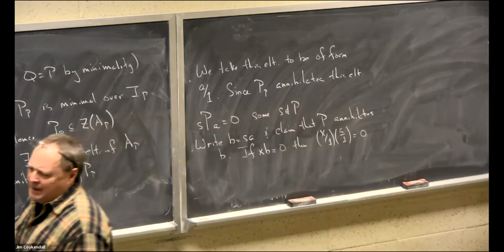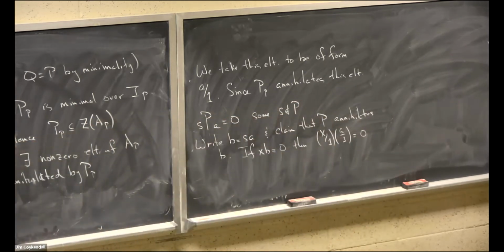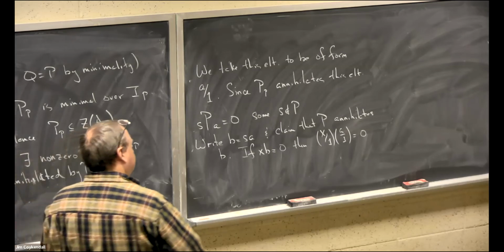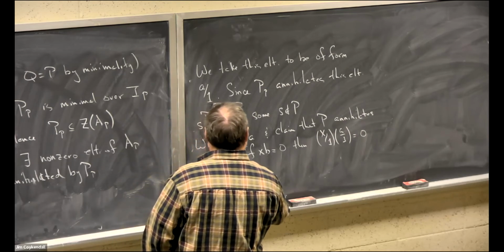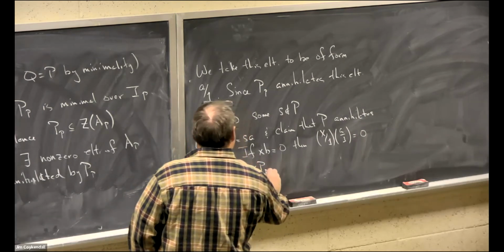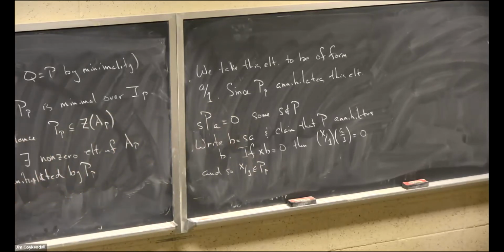And so that means that X over 1 is in P localized at P, because it's part of the annihilator of A over 1.